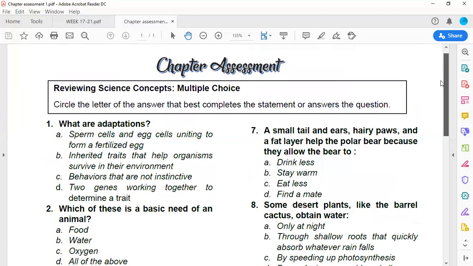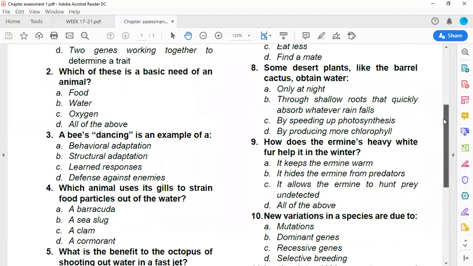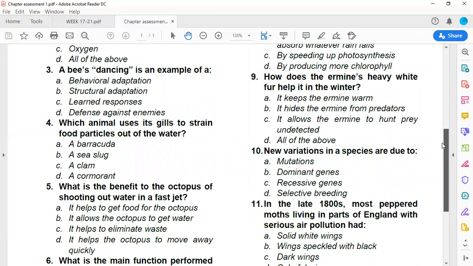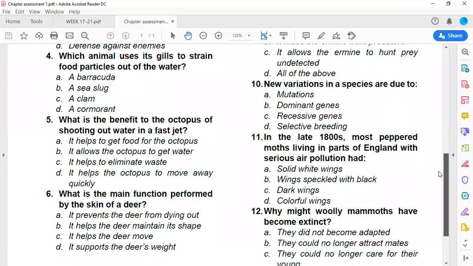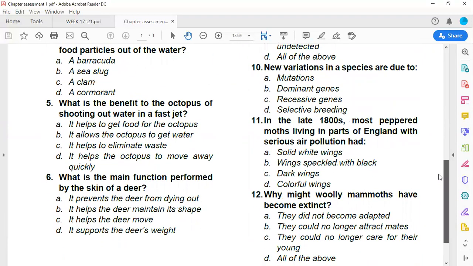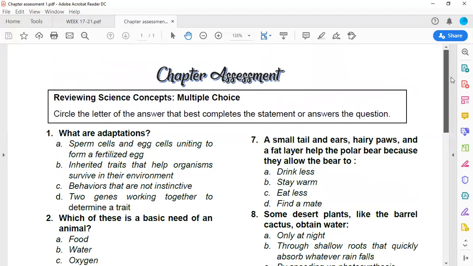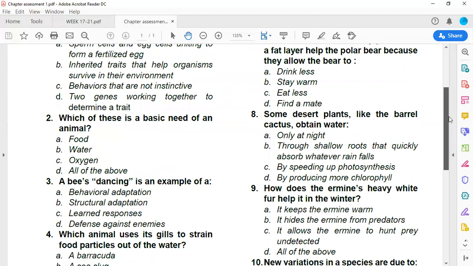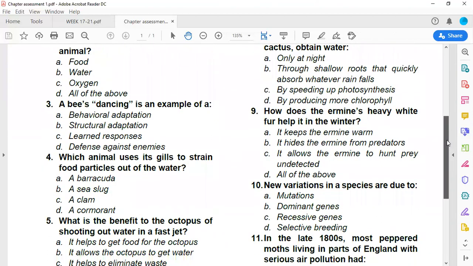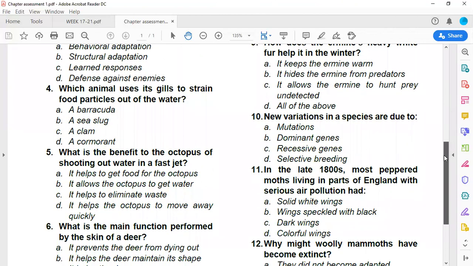For number 1, it'll be letter C. For number 2, it'll be letter D. For number 3, it'll be letter A. For number 4, it'll be letter C. For number 5, it'll be letter D. For number 6, it'll be letter A. For number 7, it'll be letter B. For number 8, it'll be letter B. For number 9, it'll be letter D. And for number 10, it'll be letter A.